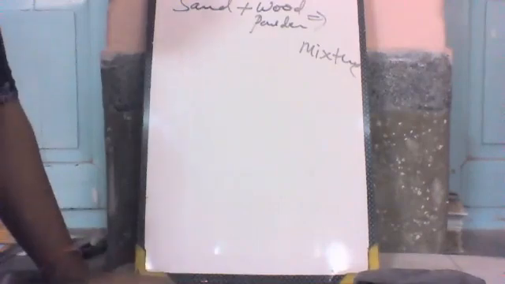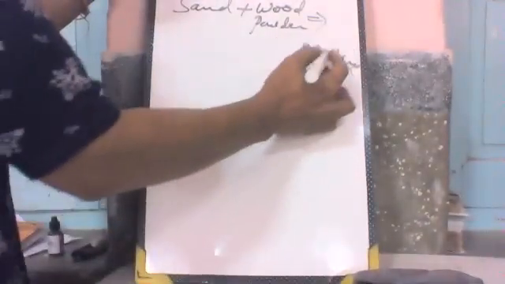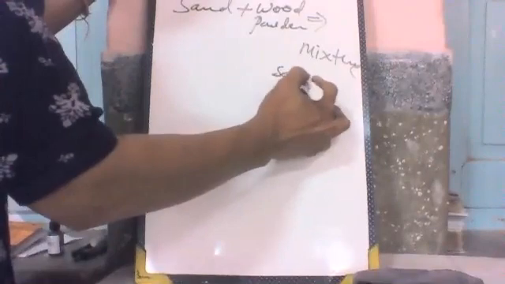A compound contains one substance only, with its own property. But here it contains two or more substances, sand and wood.